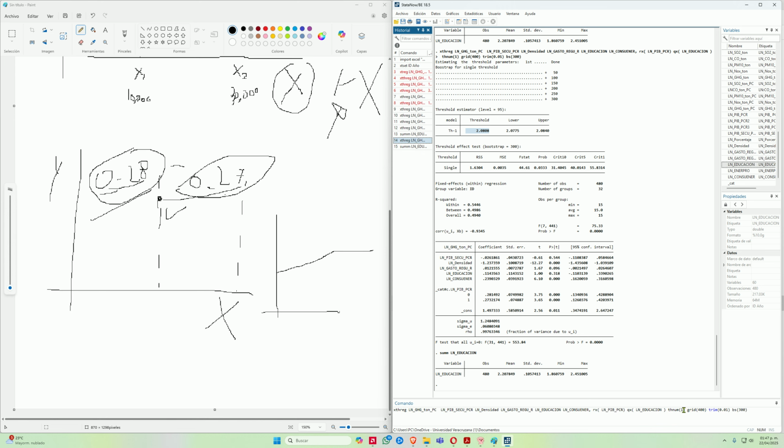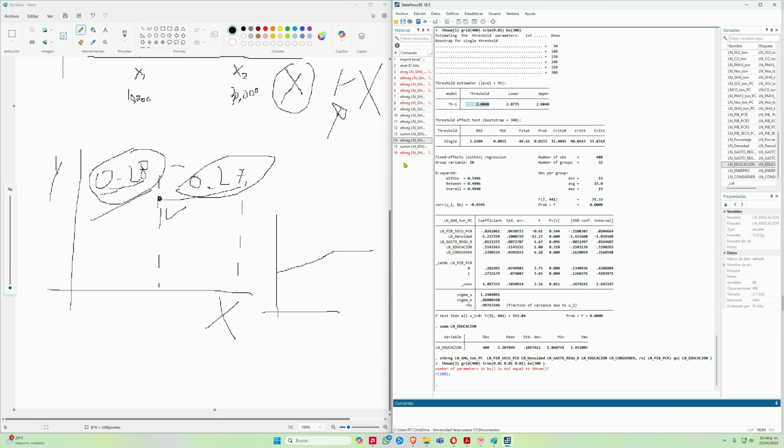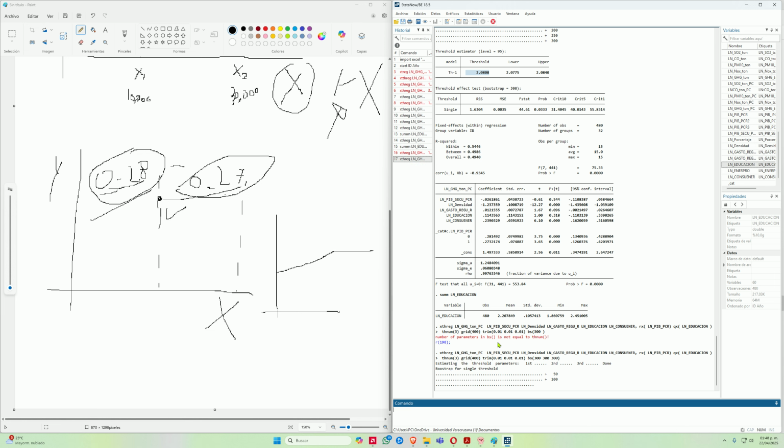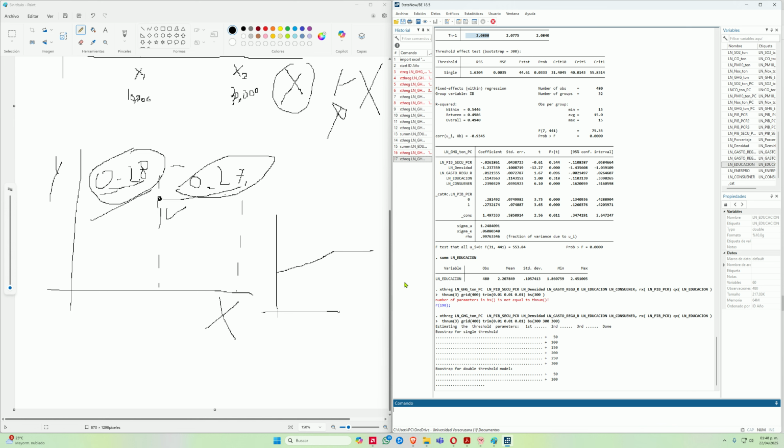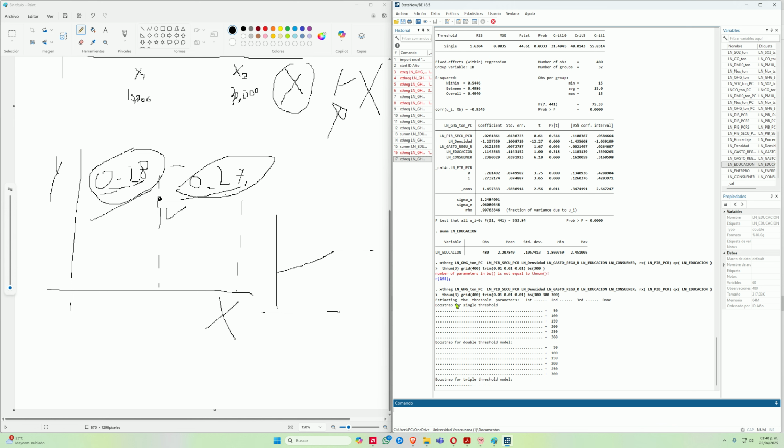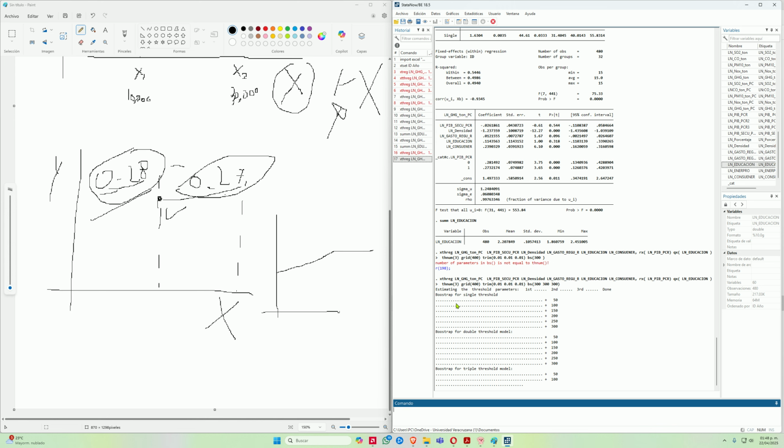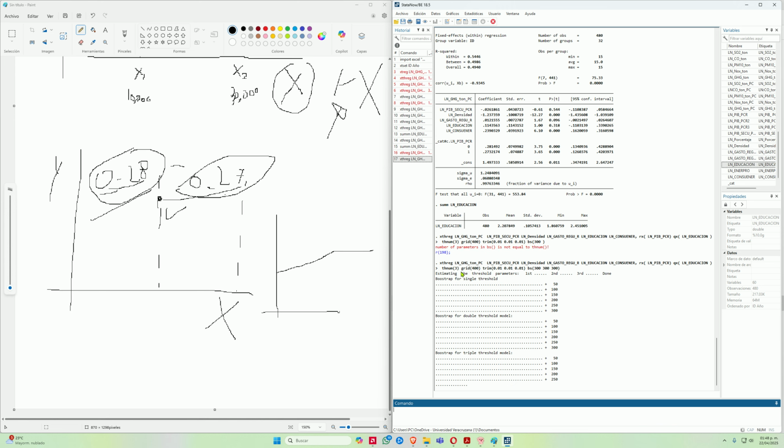That is the case of one threshold. Let's say that we want to take three thresholds. We need to set the number of thresholds to 3. We need to repeat this three times because it's calculating for each threshold. Sorry, 300 iterations. Okay, and now Stata is calculating the threshold, with bootstrap for the single threshold.